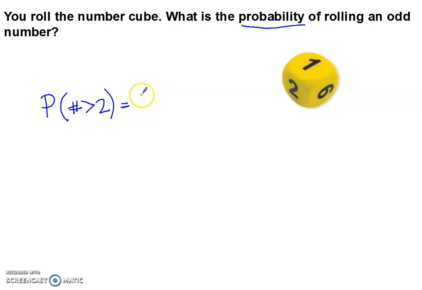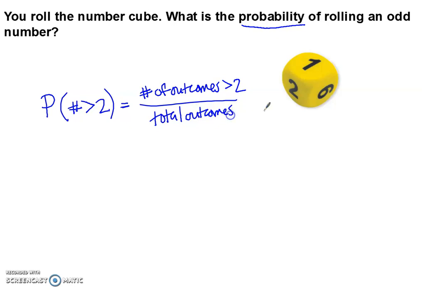This is going to be a fraction of the number of outcomes greater than 2 over total outcomes. 1, 2, 3, 4, 5, and 6 are our total outcomes. This is a list of all the outcomes.